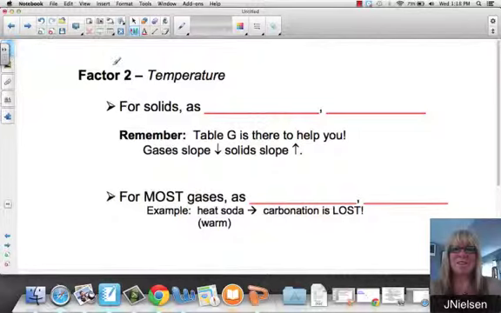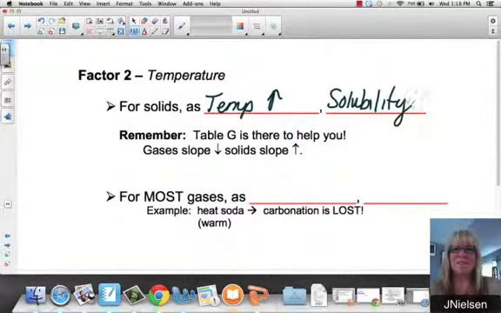Temperature. What do we know about temperature? Well, for solids, as temp increases, we know that the solubility increases. And we see that on Table G. We also know that for most gases, as temp increases, solubility decreases.